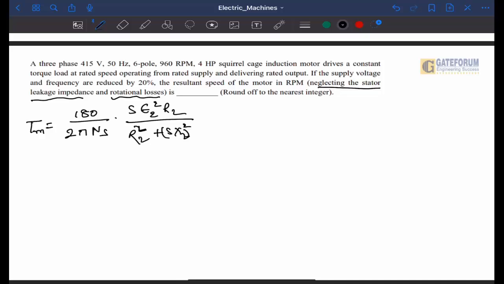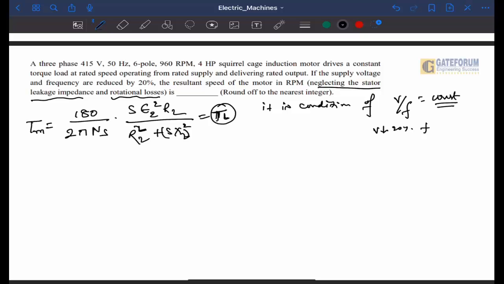This is the torque expression, which will be equal to the connected load, which demands the torque TL. And it is a condition of V by f constant, as V is reduced by 20% and the frequency is also reduced by 20%. So V by f will be constant.